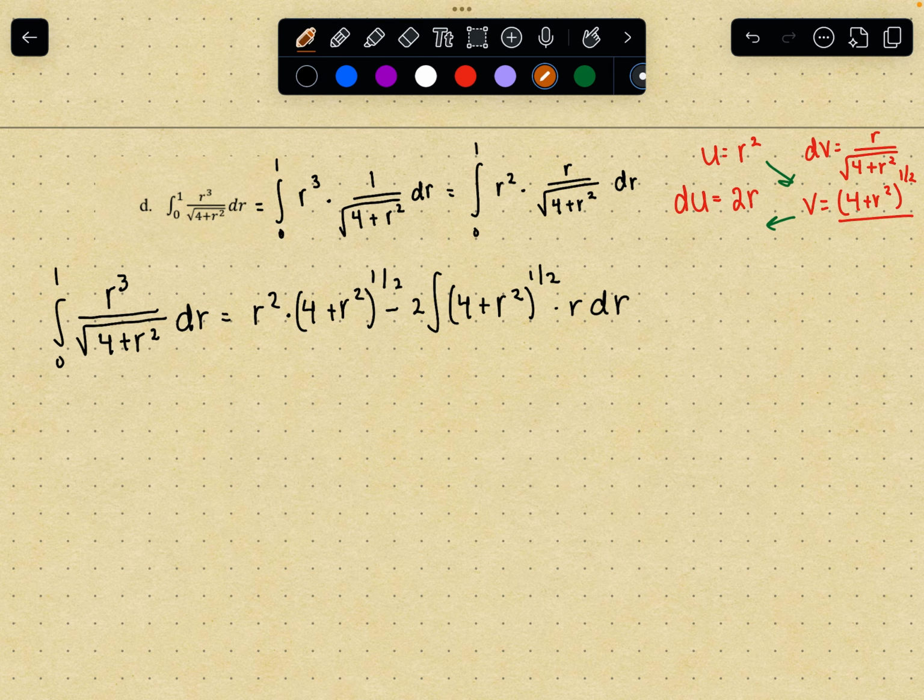All right, you're probably like, Meg, this integral doesn't look any better. You're right, it doesn't. But I see a function and its derivative. What does that scream? Everyone says in unison, u sub. Okay, so we're going to take u to be 4 plus r squared because its derivative is 2r dr, which we kind of already did. dr becomes this. All right, so let's rewrite everything like that.